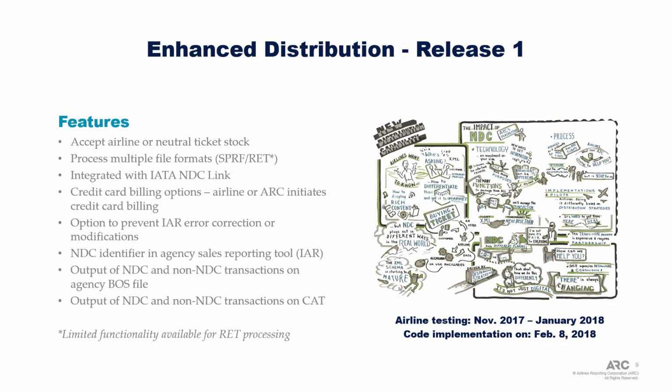We are going to be able to take in the REP format. Obviously, there's a little asterisk there, and that means that there is some limited functionality with processing the REP because of the resolutions between the rest of the world and the US on certain transaction types, specifically exchanges.